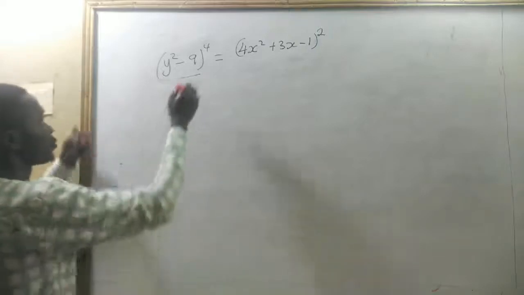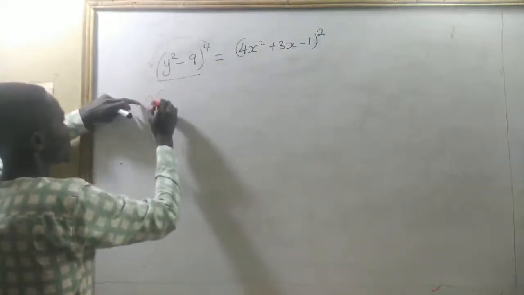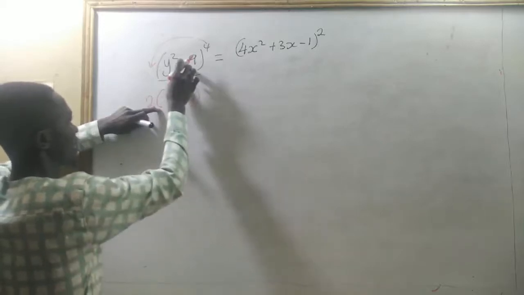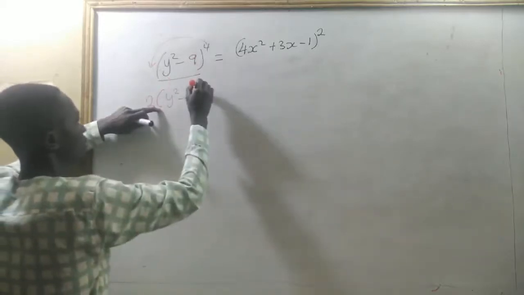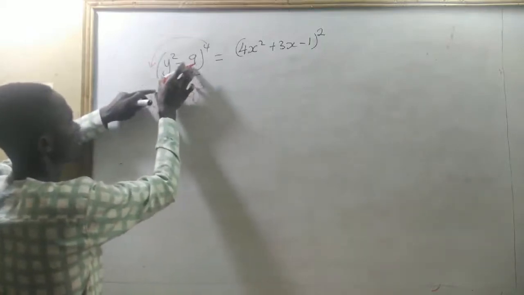So we are going to use the simple method for the chain rule. This one will come and multiply. So you're having 2 times the original expression inside. Then we take 1 from the power, times, then we differentiate what is inside here.